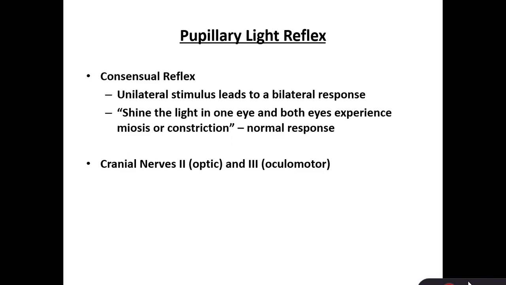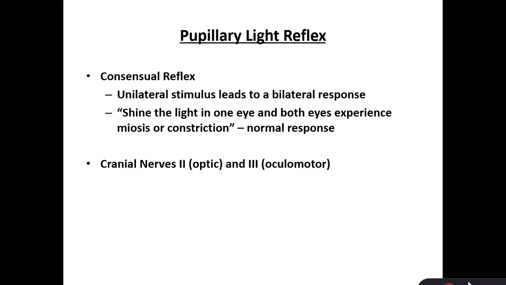This is the second part of the vision physiology, and here we will discuss the pupillary light reflex. So it's a reflex, meaning it is involuntary, and it is a consensual reflex, meaning that unilateral stimulus of one pupil leads to bilateral response in both pupils.